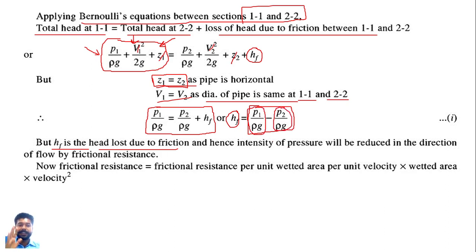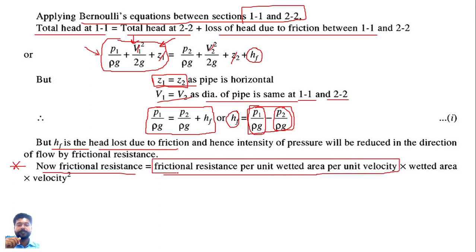So we can say that the intensity of pressure will be reduced in the direction of flow as you go along the length of the pipe. Now let's say the frictional resistance F equals the frictional resistance per unit wetted area per unit velocity squared, that is F dash, into the wetted area into velocity squared.